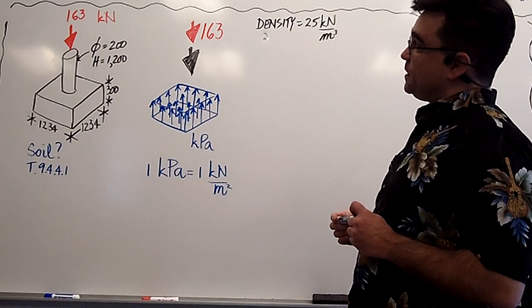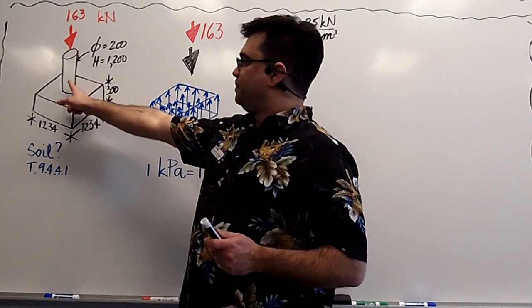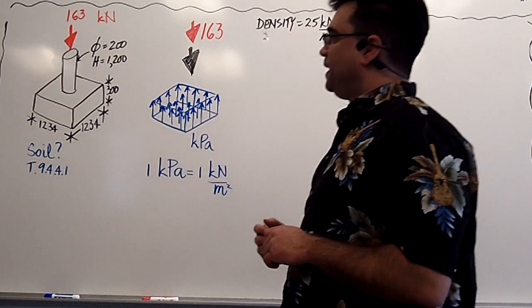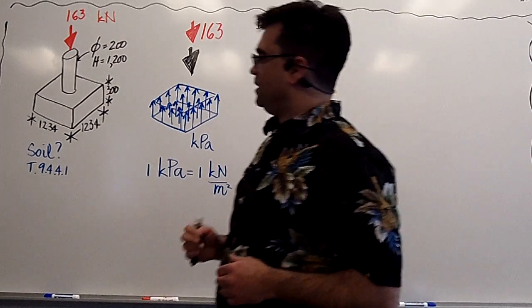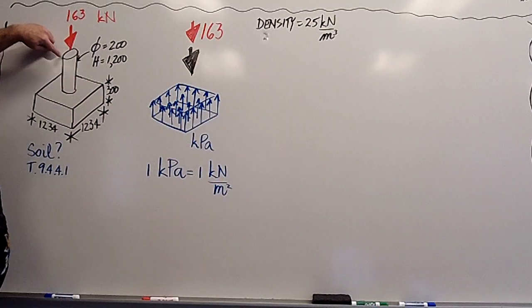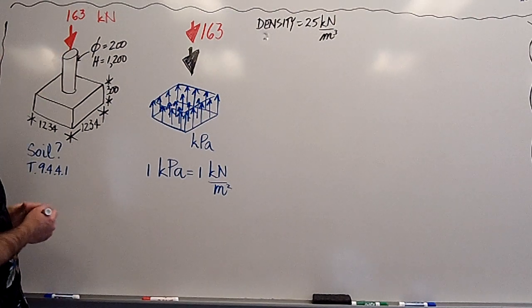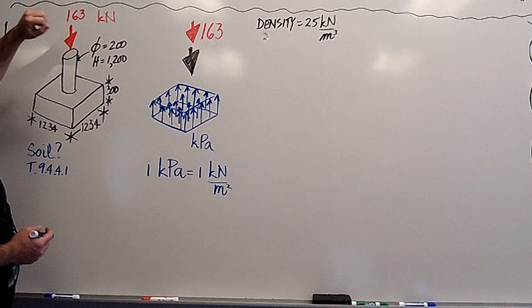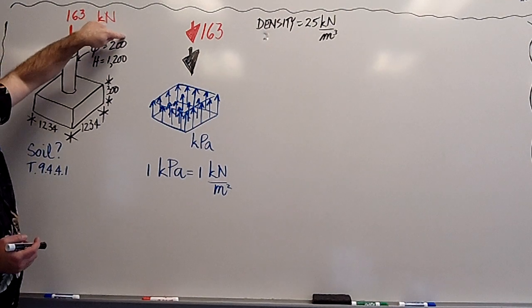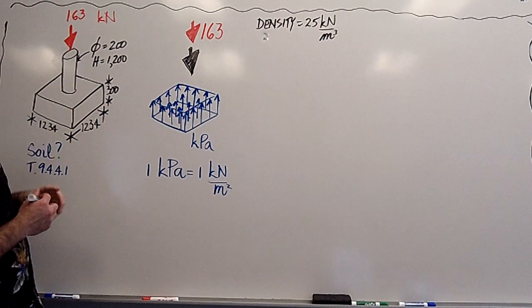So first I'm going to find the volume of this pier, the cylindrical pier, and the volume of the cylinder is the area of the circle times the height of the cylinder. So the area of the circle is pi r squared. We have the diameter, so we have to divide this by 2. So let's do that, okay?